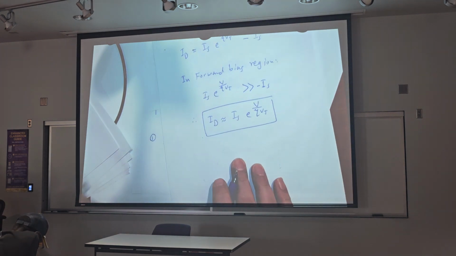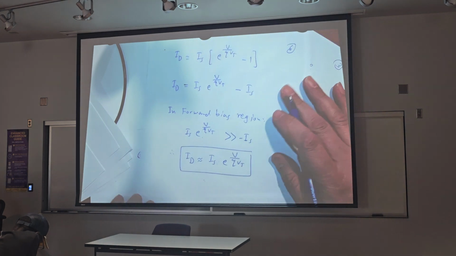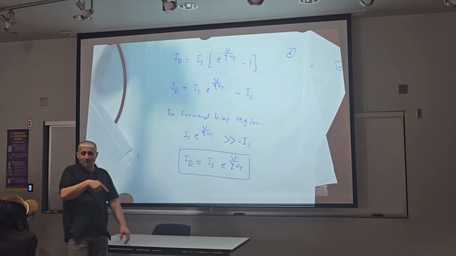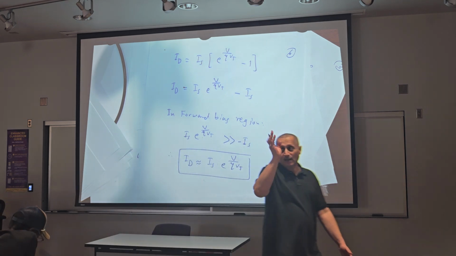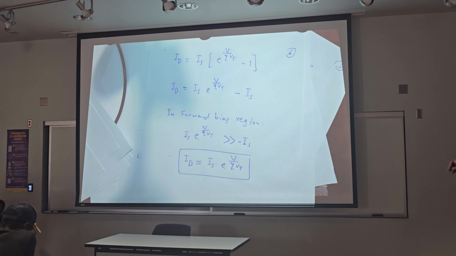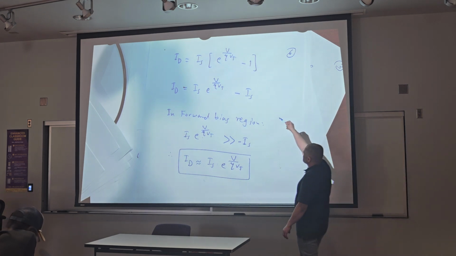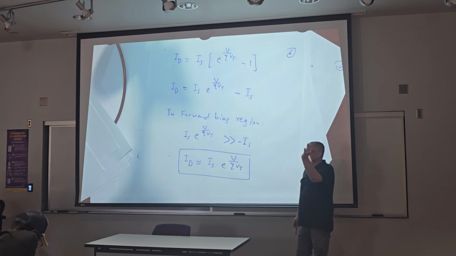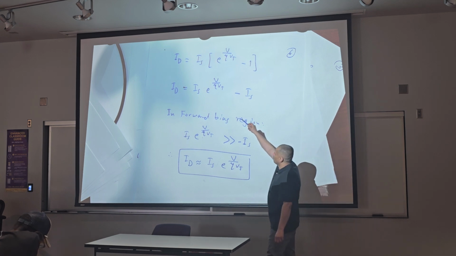So the current will be like an exponential curve. The relation between I_D and V is exponential. Why? Because we can neglect IS, which is in milliamperes or microamperes.